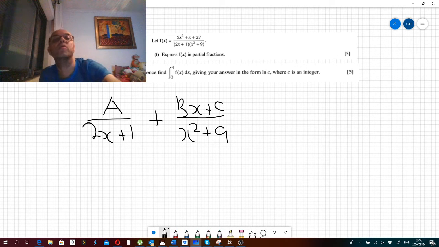Alright, and of course that must equal the other function on the other side. So if we found the common denominator and multiplied across, then we'd get the following.